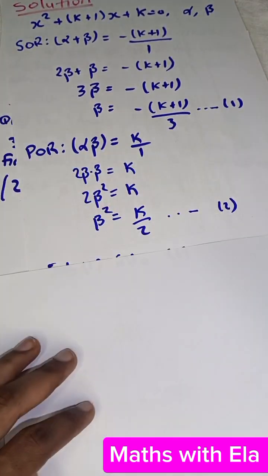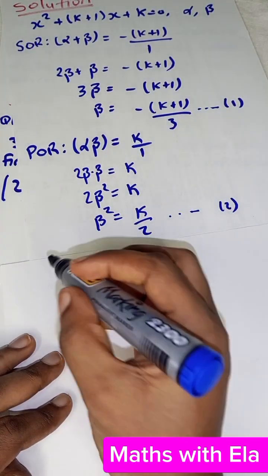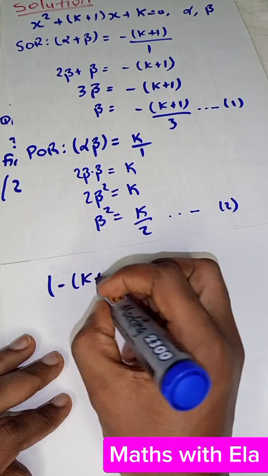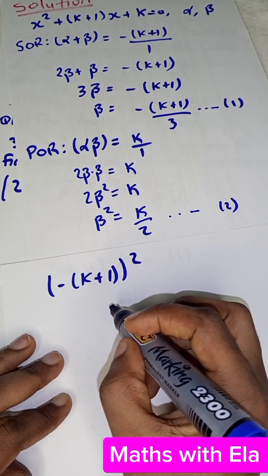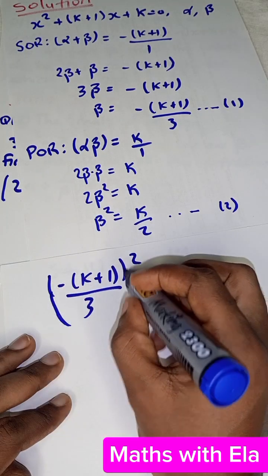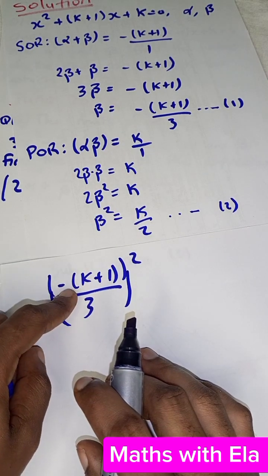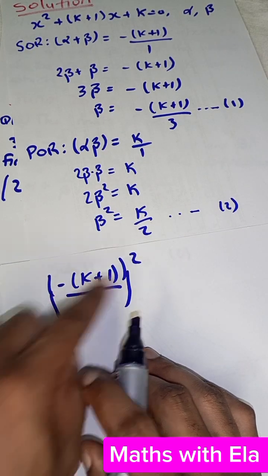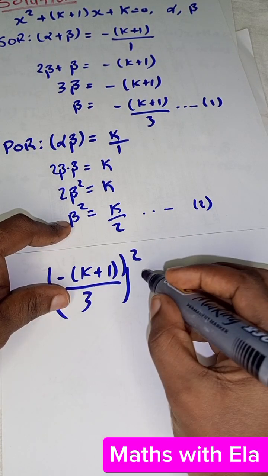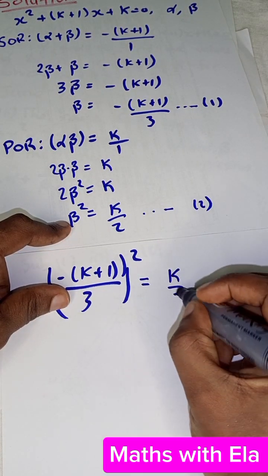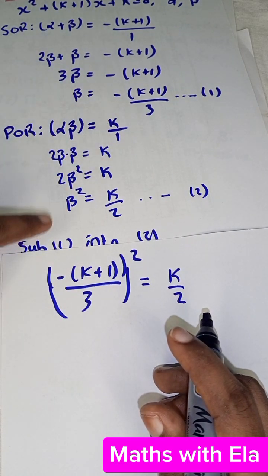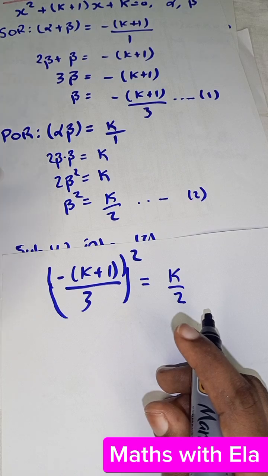Doing that, we are going to obtain negative (k plus 1) on 3, all of that squared, that's beta squared, will be equal to k on 2.